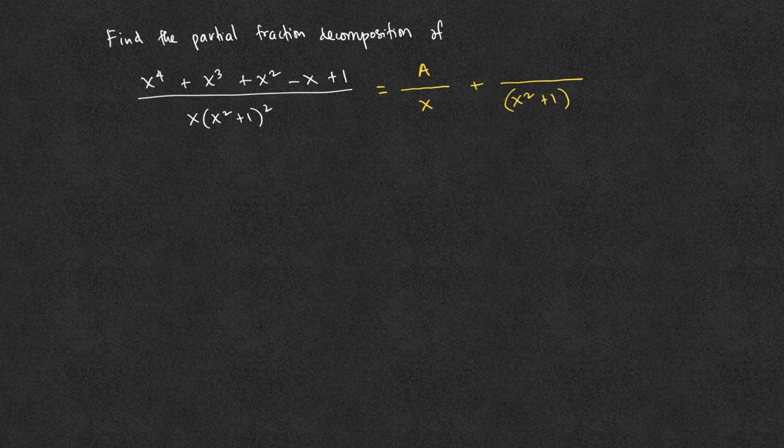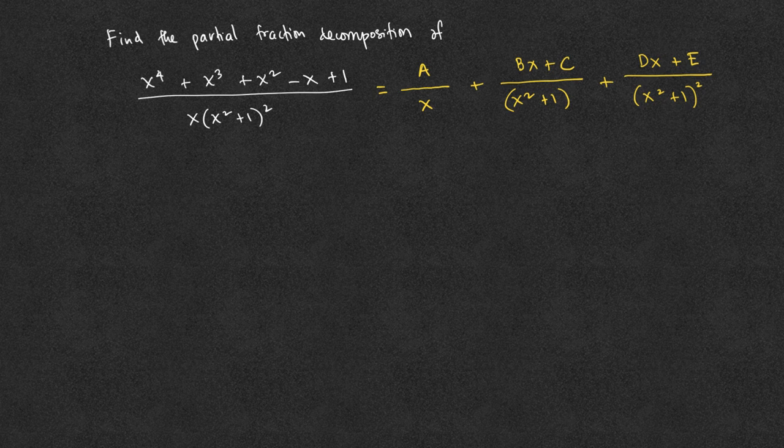We already used the capital letter A, so this time we would need to use Bx plus C. And since the factor x squared plus 1 is being repeated, we would need to use this again, but we can't just simply use x squared plus 1. We would need to square this. We still treat this as a quadratic factor, so the top is still linear, Dx plus E.